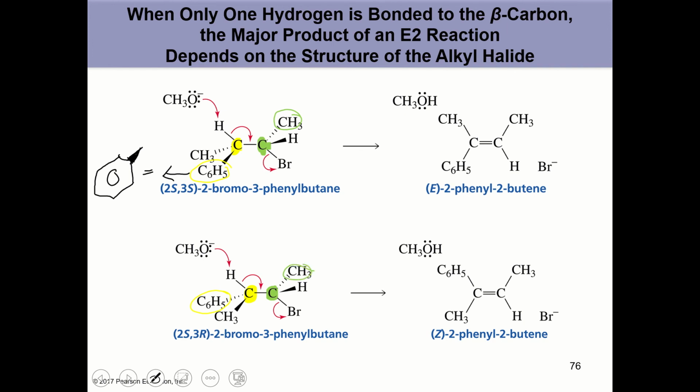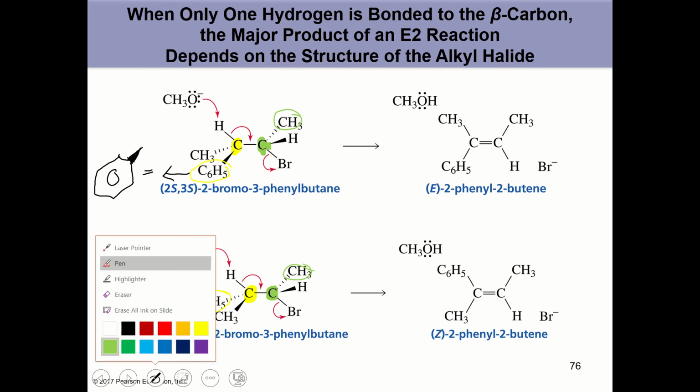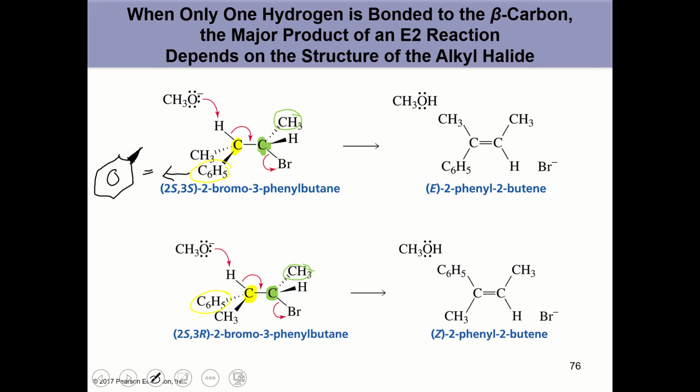And so that would lead to the Z isomer, which would be the least stable. So the most stable comes from these two largest groups being anti when we have anti-elimination of hydrogen, and the least stable comes from the two groups being cis, or in the Z conformation.